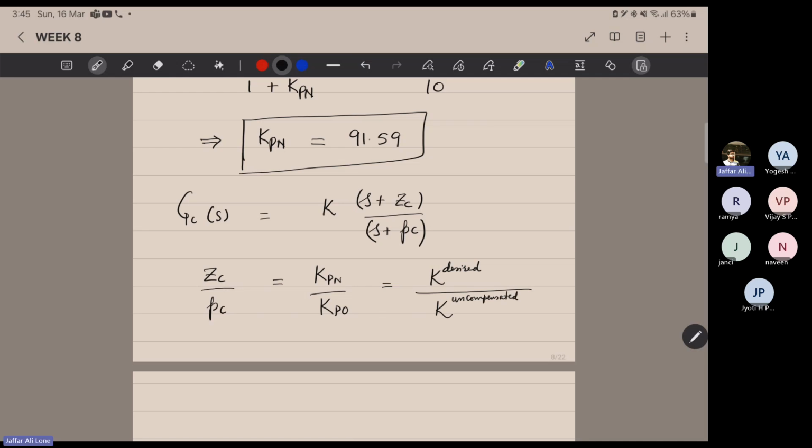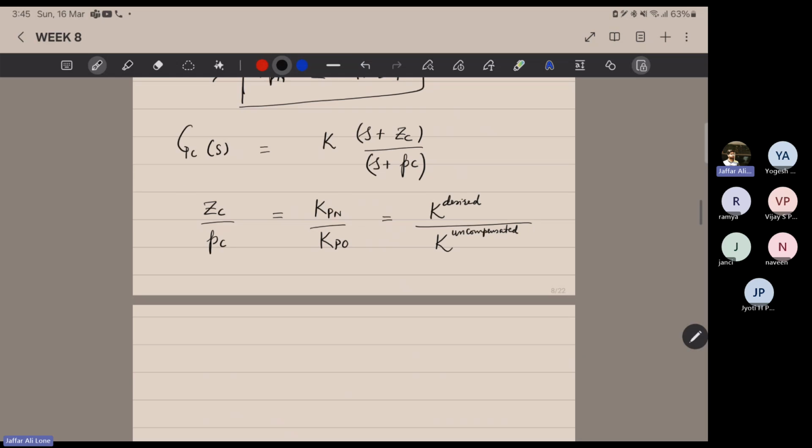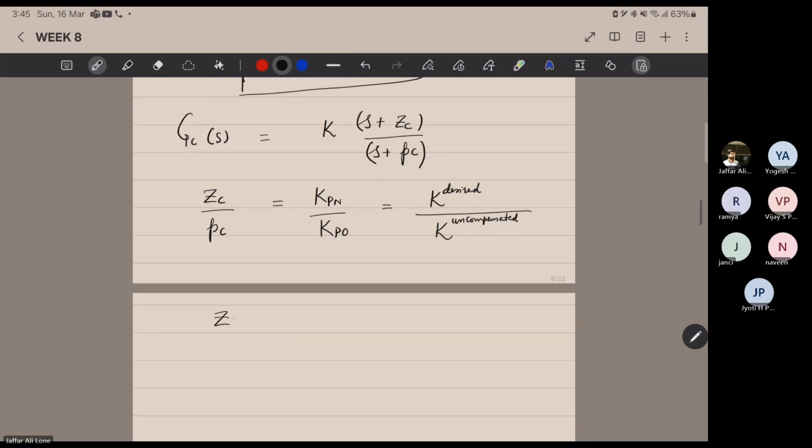So in this case, what will be my Zc over Pc? It will be Kpn, 91.59, divided by 8.23, which is equal to 11.13.